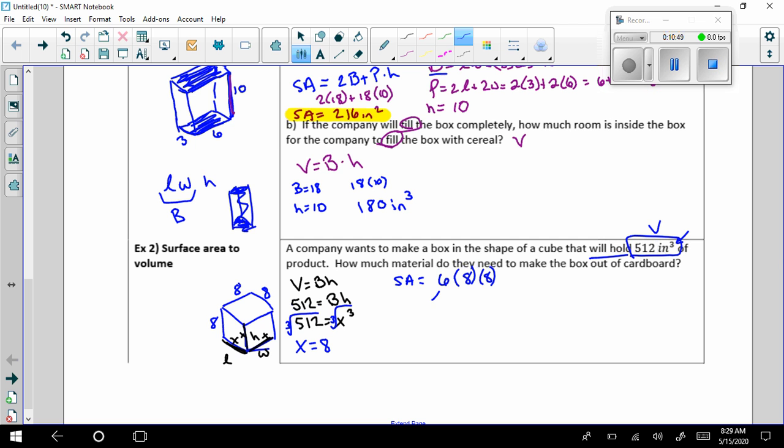Because there's 6 sides, this is the length, this is the width. So essentially 64 times 6, 384. And this will be inches squared. We're talking about area.